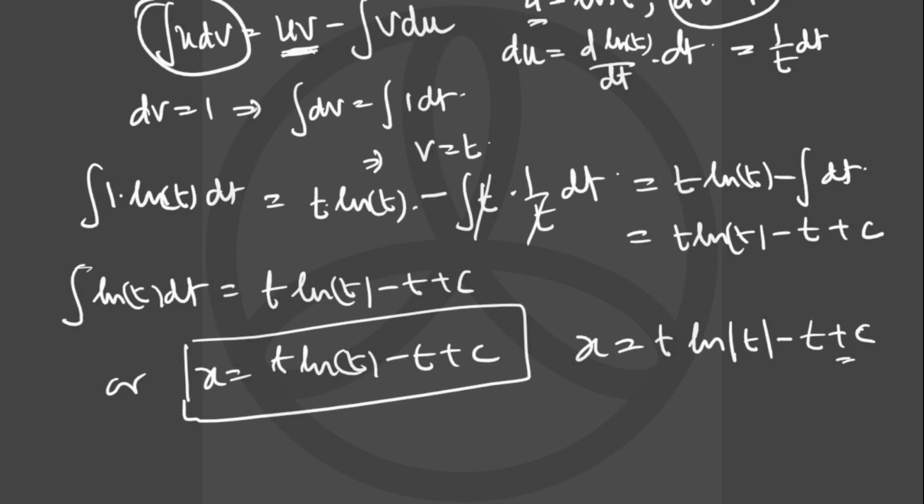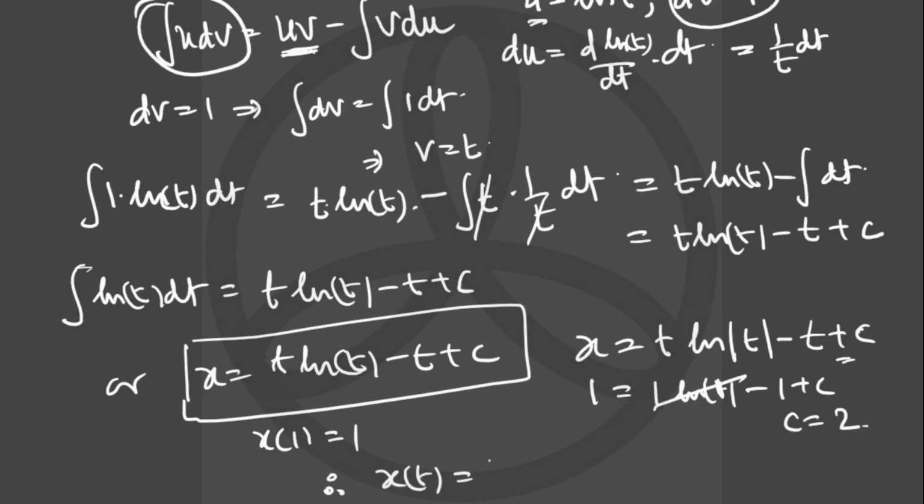The initial condition given here is x(1) is equal to 1, which means at t is equal to 1, the value of x will also be 1. Here we write 1, and this will be 1 ln 1 minus 1 plus c. This will become 0 and c will become 1 plus 1, 2. Therefore, particular solution will be x(t) is equal to t ln of modulus t minus t plus 2.